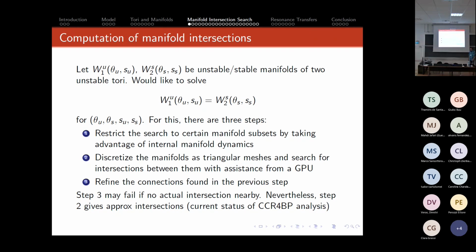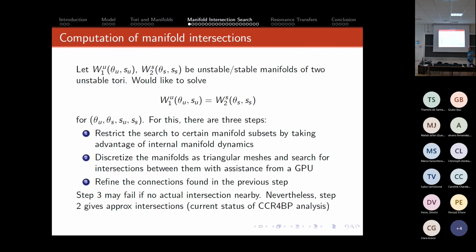The first is to restrict yourself to certain subsets, which you can do. And then the second is to discretize the search using a mesh search and basically use GPUs, a certain type of computer processor, to help find intersections of these meshes.